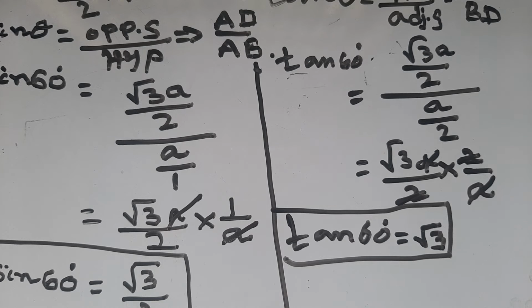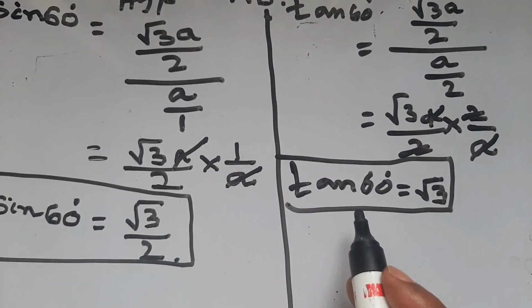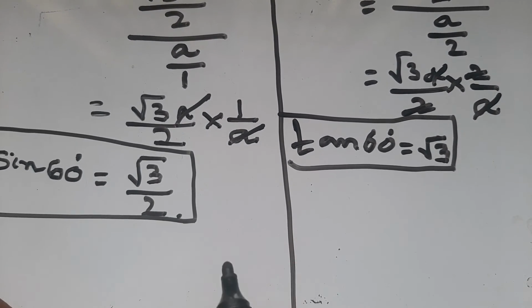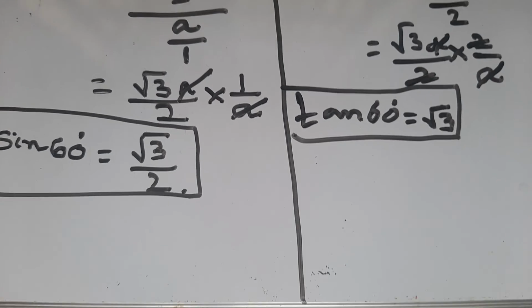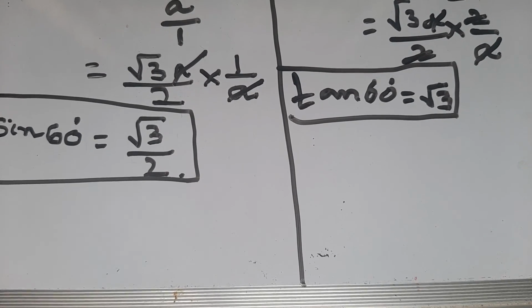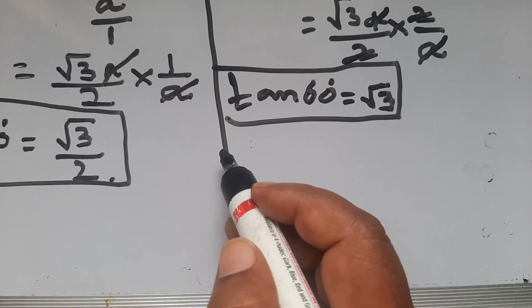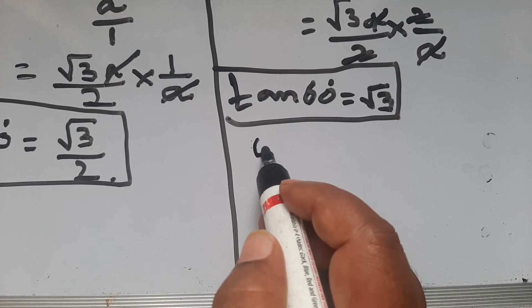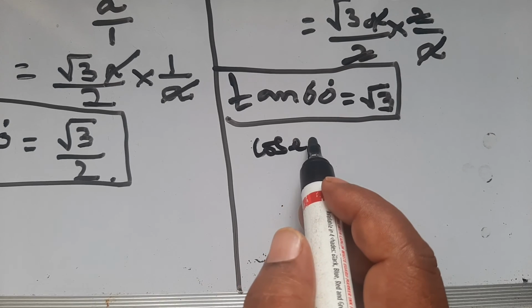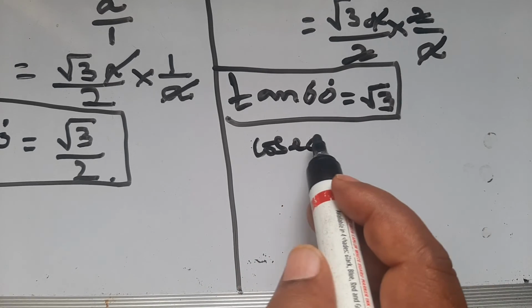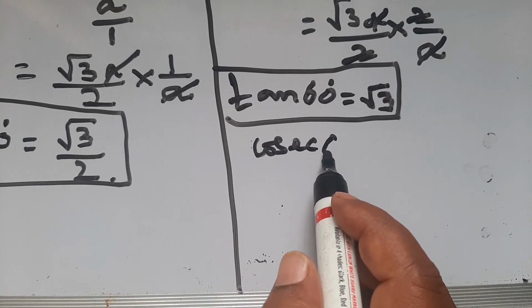Similarly, we have to write what is here: sine, for cosecant. Cosecant, what is coming? You can write cosecant, the reciprocal of sine 60.